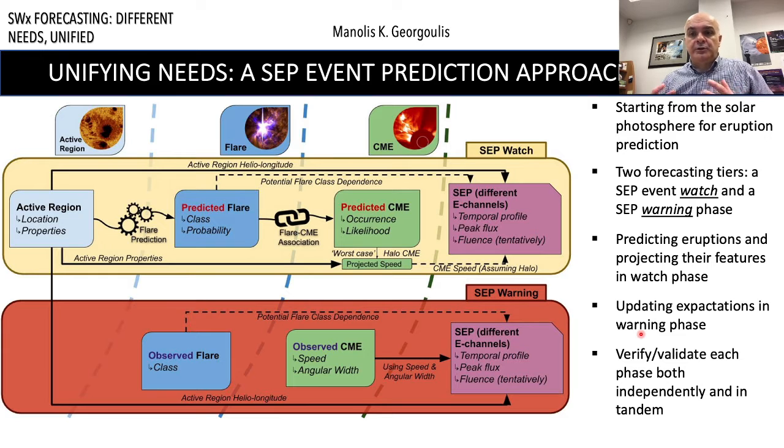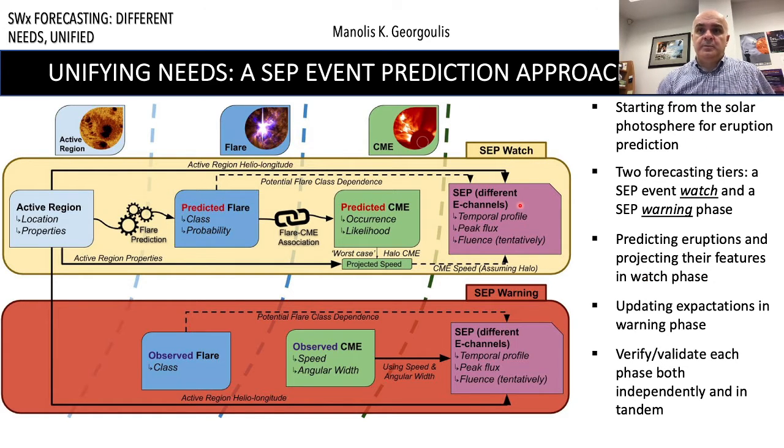And in order to deal with intrinsic ambiguities and the interconnection between different physical spaces, we have a concept of forecasting SEPs in two tiers, two different levels. One is the watch level and the other is the warning level. What is this? This actually borrows terminology from extreme terrestrial weather, such as tornadoes, for example.